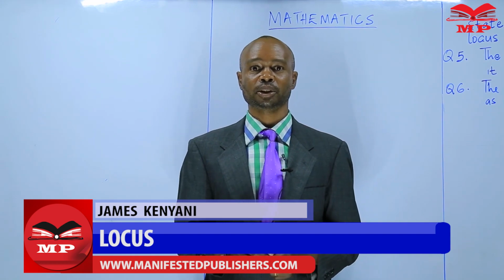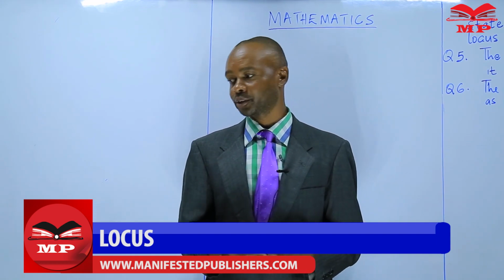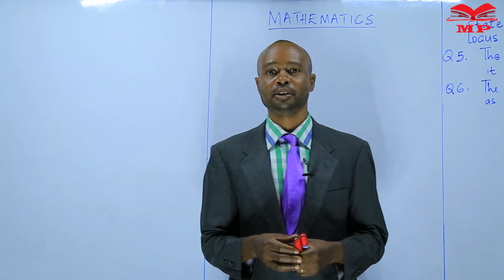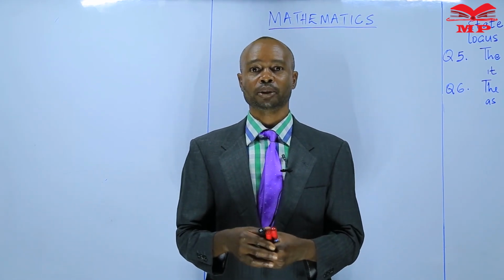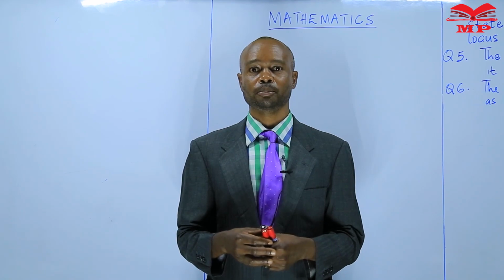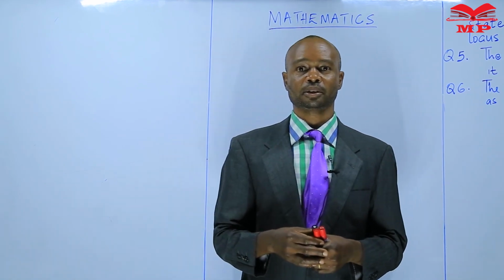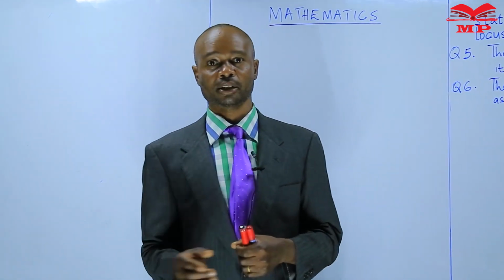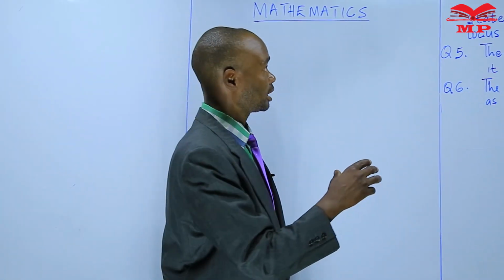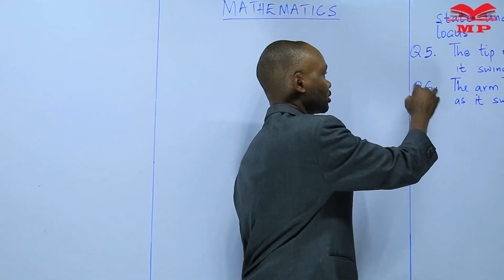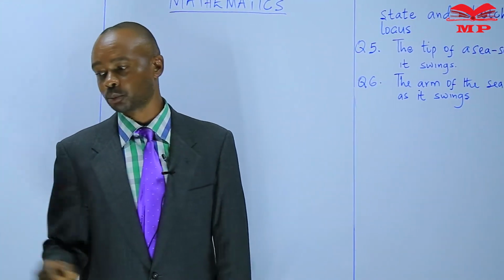We are going to proceed with our topic on loci, and I had given an assignment of which we are going to get the solutions as we build up on some concepts of the loci. The assignment I had given was questions 5 and 6 from the People's Book 4.